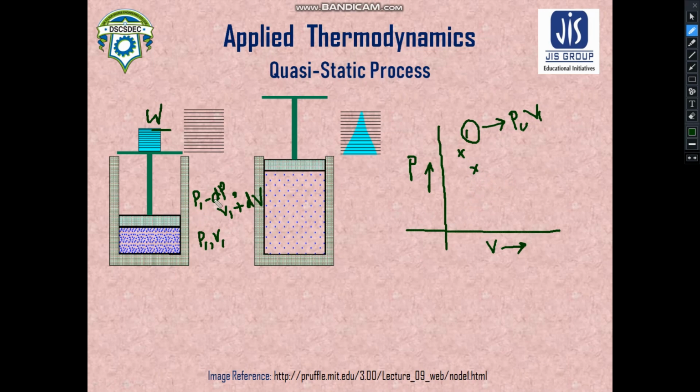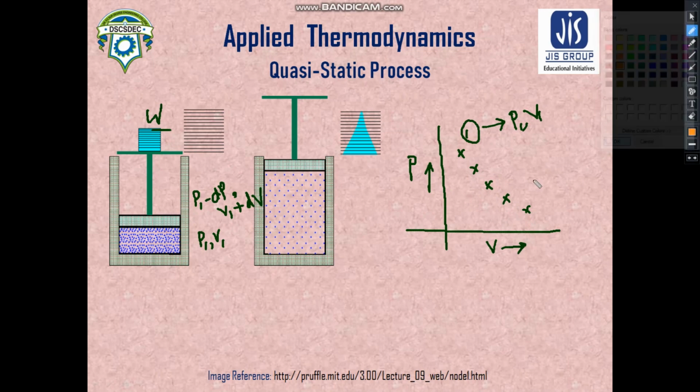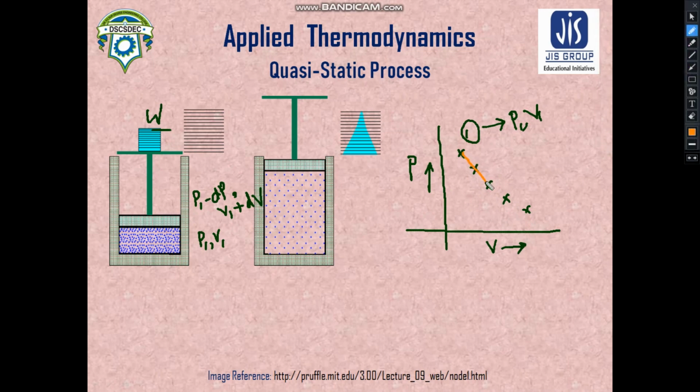Similarly, if we go on removing these weights, we can plot a thermodynamic curve. If we join these individual points, then we shall generate a thermodynamic curve. Let us assume this is the initial state, and the final state has pressure P2 and volume V2. That means an expansion is going on, the pressure has reduced to P2 and the volume has increased to V2.